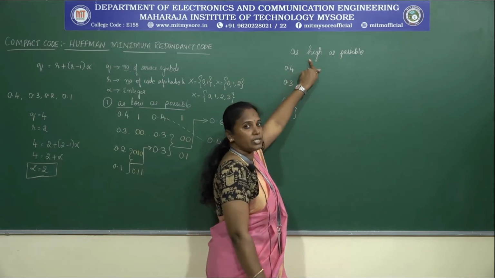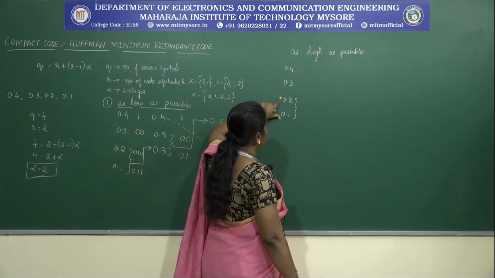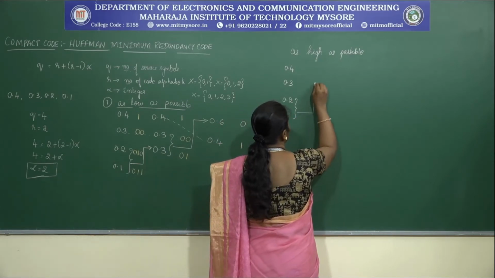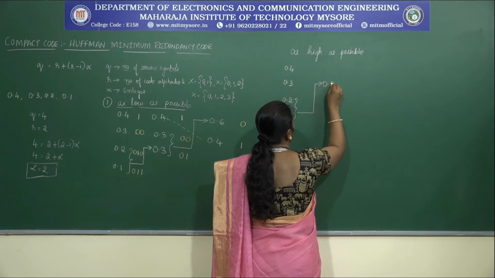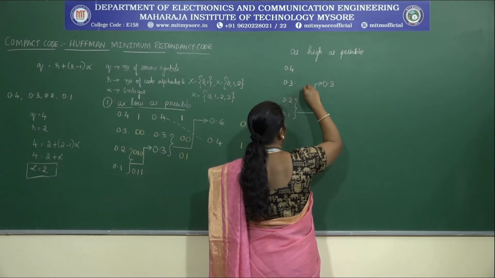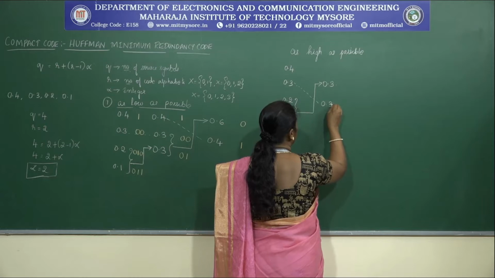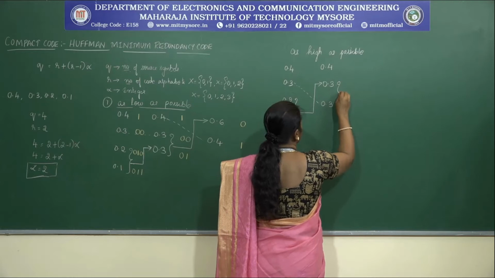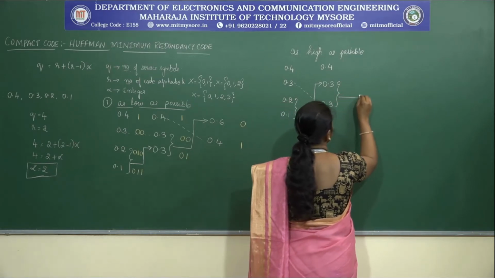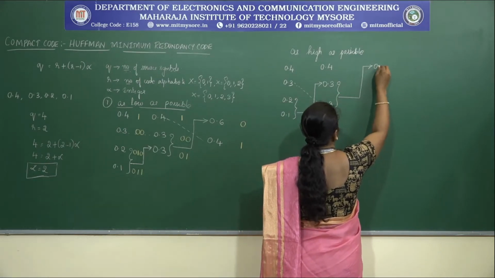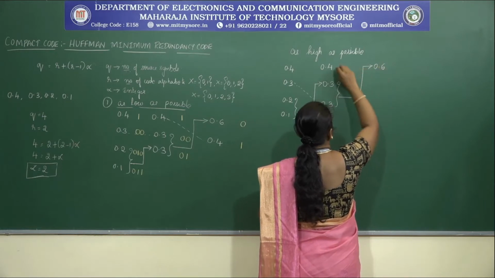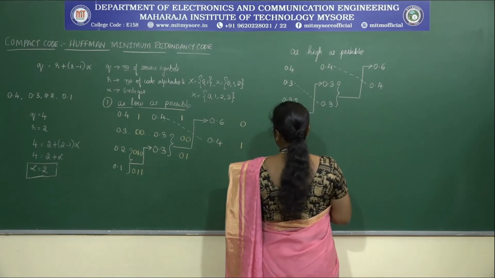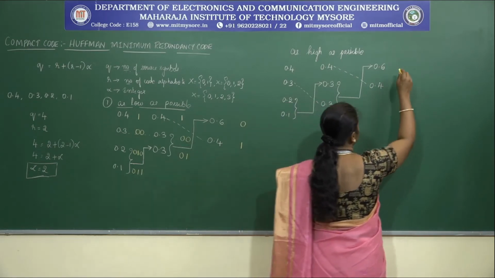Since we have the condition as high as possible, we will place this new probability upside. So this will be your new probability, 0.3, and the older probability will be shifted down. Then there is 0.4, then combine these two. Since 0.6 is greater than 0.4, 0.6 will be placed here and 0.4 here. As usual, assign the code alphabet.